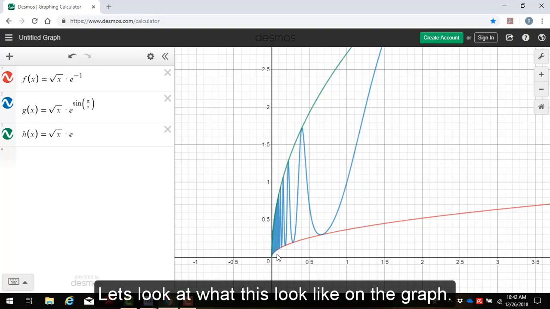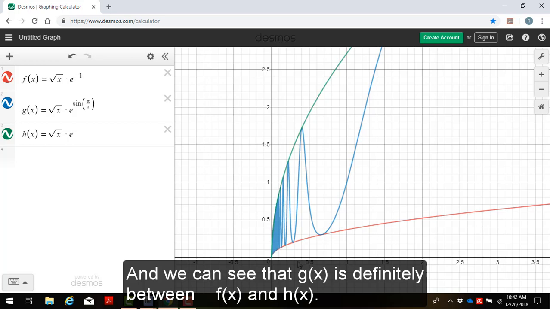Let's look at what this looks like on the graph. And we can see that g of x is definitely between f of x and h of x.